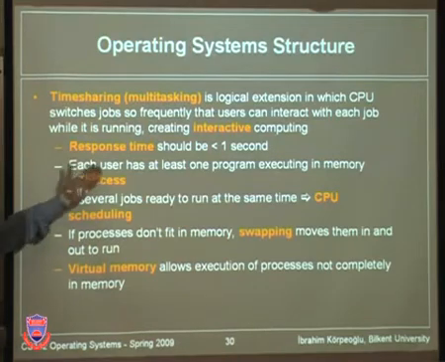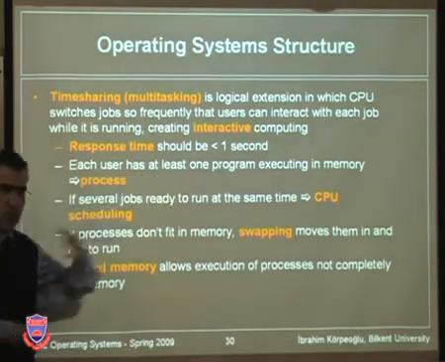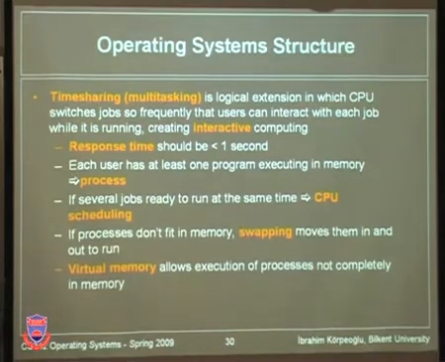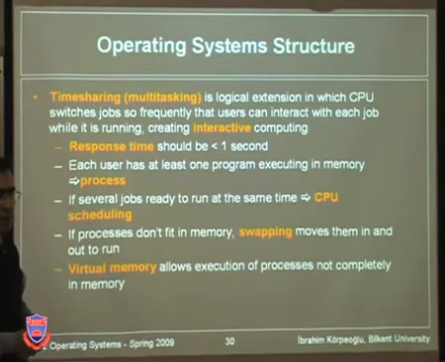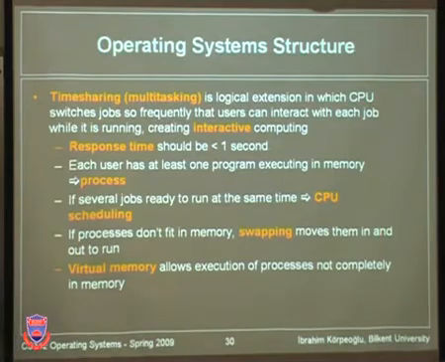The response time usually should be less than 1 second in order for the system to be acceptable to the user. Otherwise, the user will not wait for 1 or 2 minutes to get a response every time you hit the return key to get a computation done after you give the integers. If you wait 1 minute, then you will not like that system, right? But if the response time of the system is less than 1 second, then it is a good system.